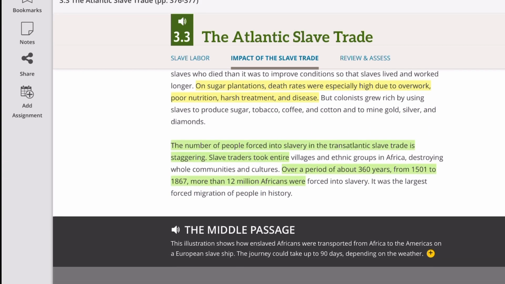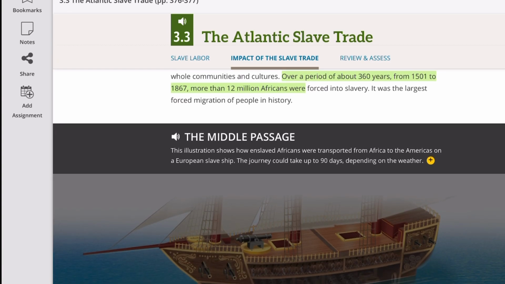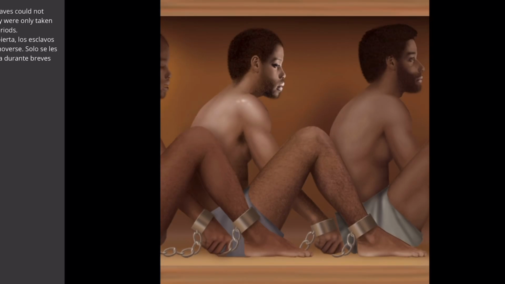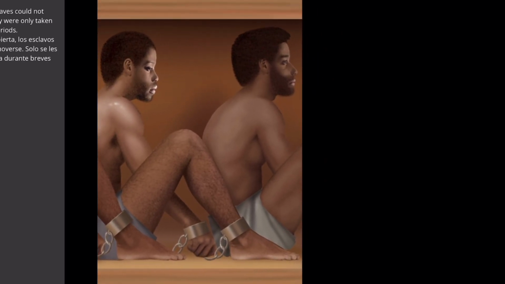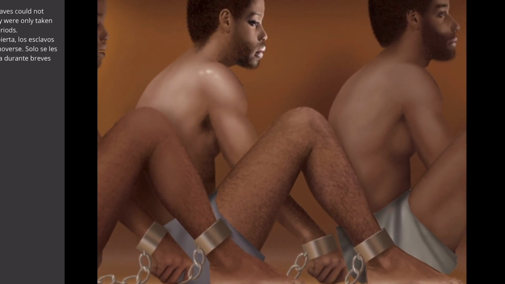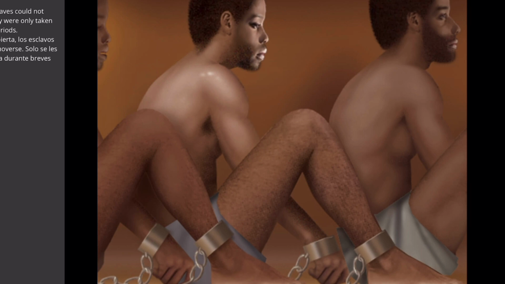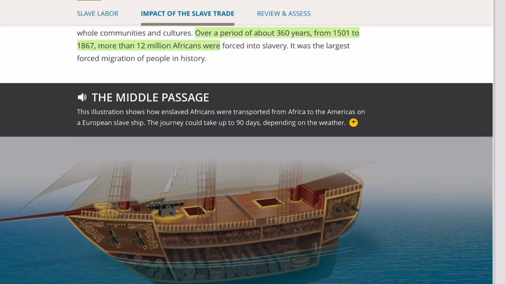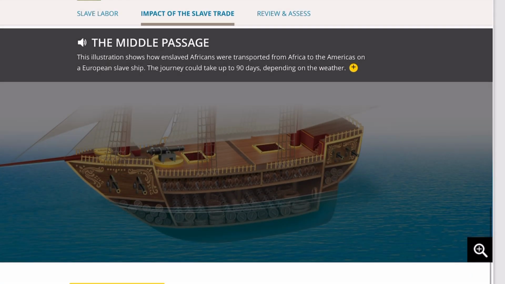Now let's take a look at the slave ships in the Middle Passage that we were talking about. Chained below the slave ships were slaves who could not even stand up or move. They were only taken above deck for a brief period of time. And the reason for that is really not for humanitarian reasons.